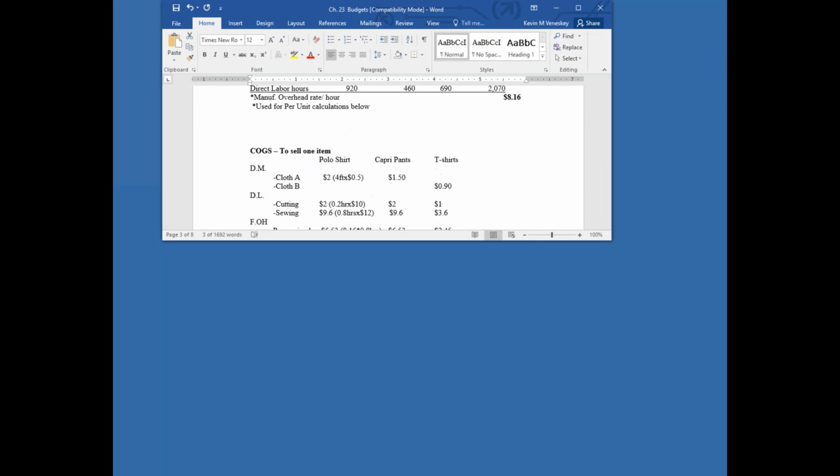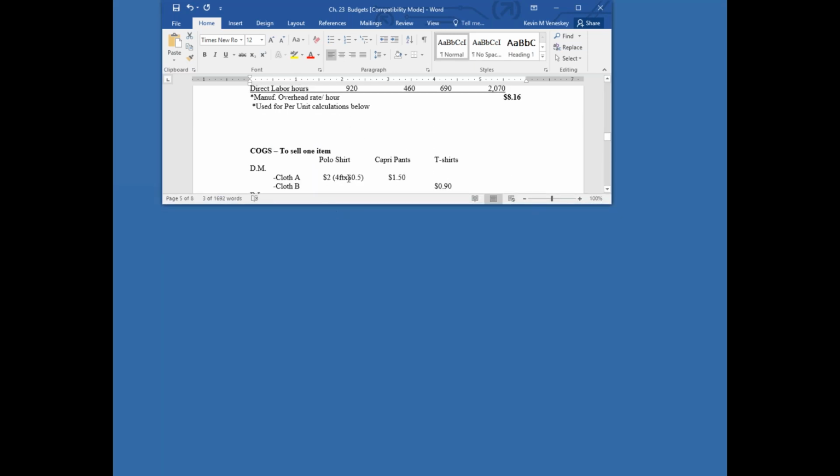So when I go to the per unit, 4 feet times 50 cents, I know the polo shirt is going to take $2 in materials. The capri pants take 3 feet of materials at 50 cents per foot, so $1.50. The t-shirts also take 3 feet, but of the cheaper product. It's only 30 cents a foot. So we have 90 cents of direct materials for the t-shirt.